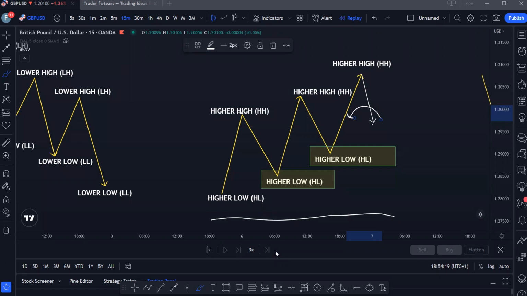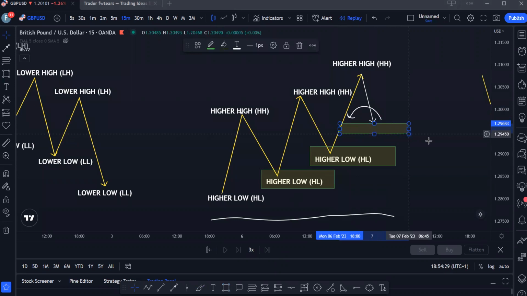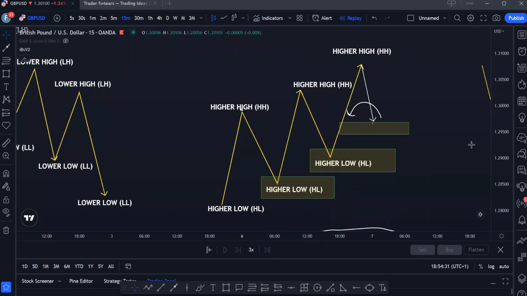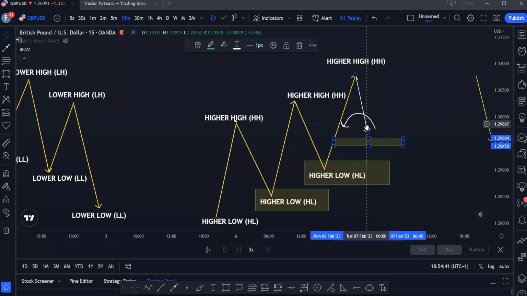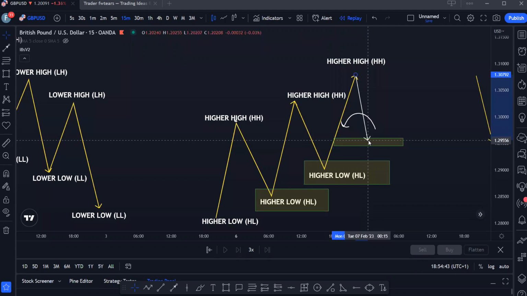So when you identify a support zone over here, you know the work of support is to initiate a reversal. So when you spot a support zone and you are waiting for price to retrace or correct into that support, once price gets into that support zone, that is where you want to be looking for buy opportunities.